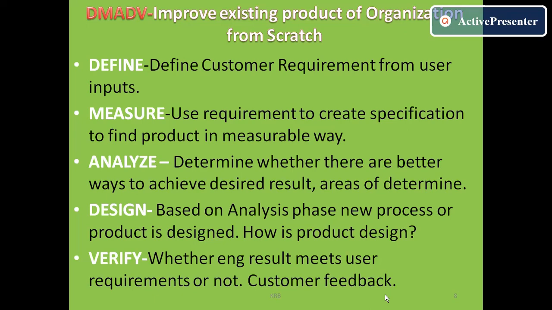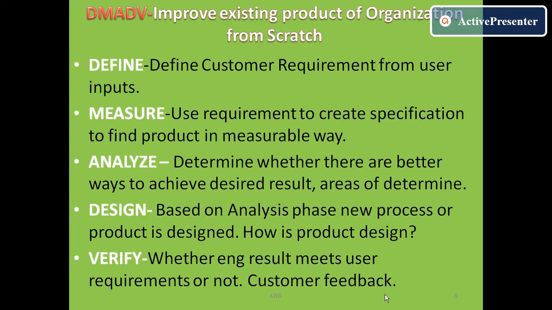Say for example, I have to develop a software related to a calculator. I have to mention how many parameters I have to take while doing the addition, the subtraction, the multiplication, and so on. So this is nothing but part of the measure.